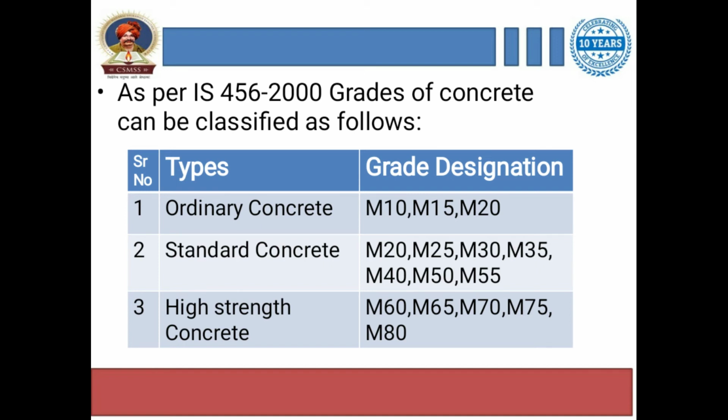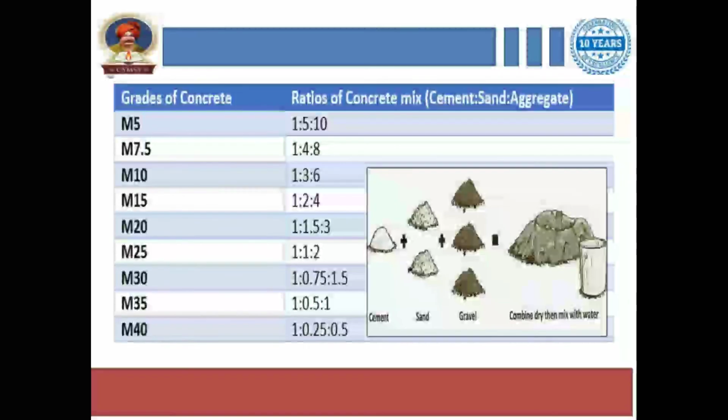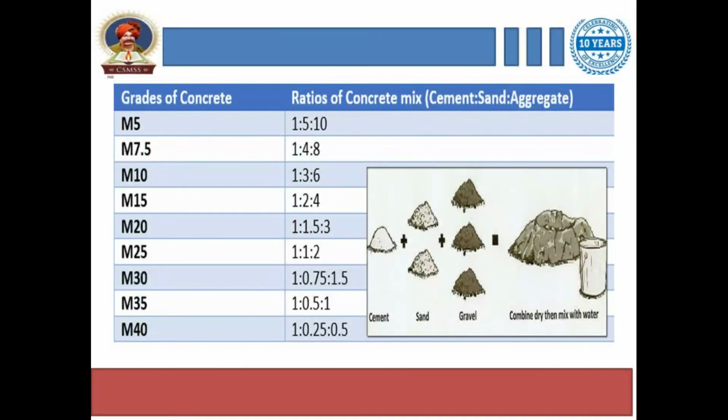You have to note this as a classification of grades, or we can say the classification of concrete on the basis of their characteristic strength, right? Grading is nothing but the classification of the concrete mortar on the basis of their characteristic strength.